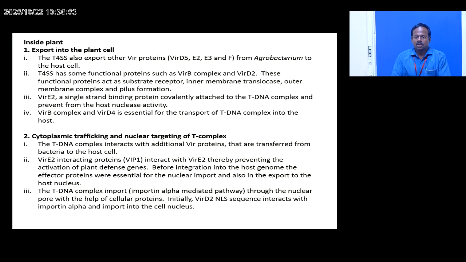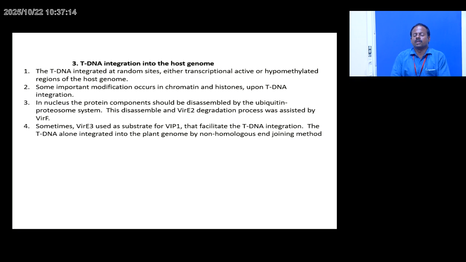The T-DNA complex import is importin alpha mediated, through the nuclear pore with the help of cellular proteins. The NLS sequence interacts with importin alpha and is imported into the cell nucleus.